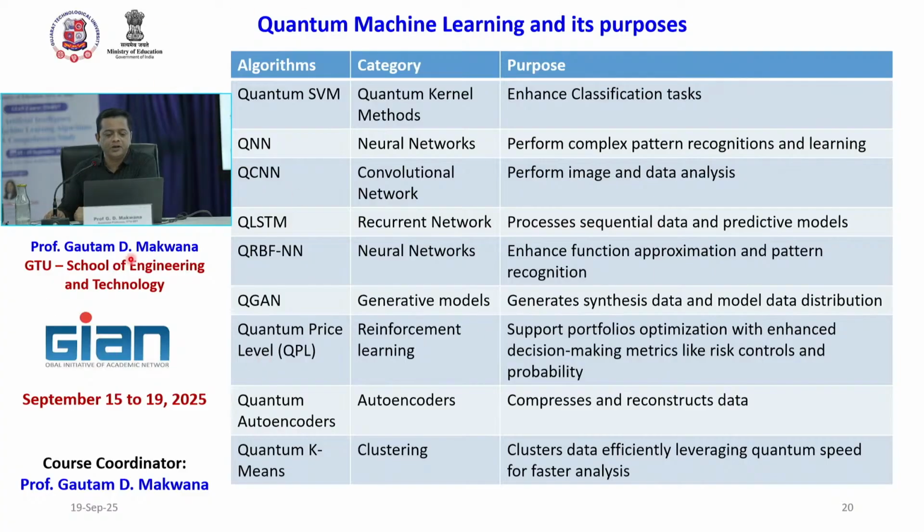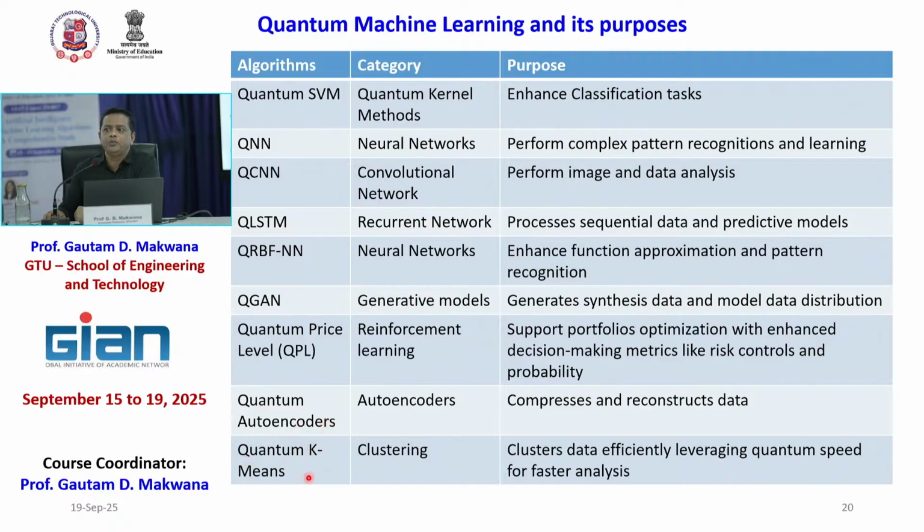Now, these are some of the well-established quantum machine learning algorithms: quantum SVM, QNN, QCNN, QLSTM, QRBF-NN, QGAN, quantum price level, quantum autoencoder, and quantum K-means.